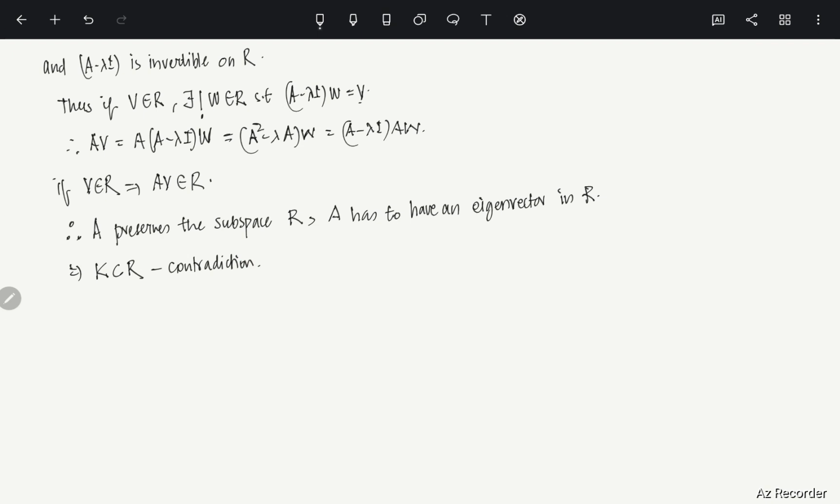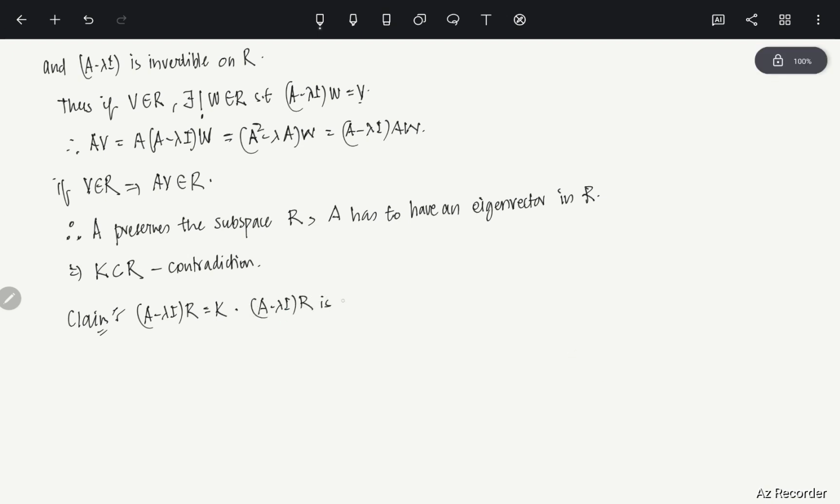So that's a contradiction, and this follows. Okay. So now what we are going to do is claim the second claim. This is a complicated situation here. The second claim is this: A minus lambda I of R is nothing but K. Okay. Now, why is it? This is not a very difficult thing to see. See, A minus lambda I of R is one dimensional.